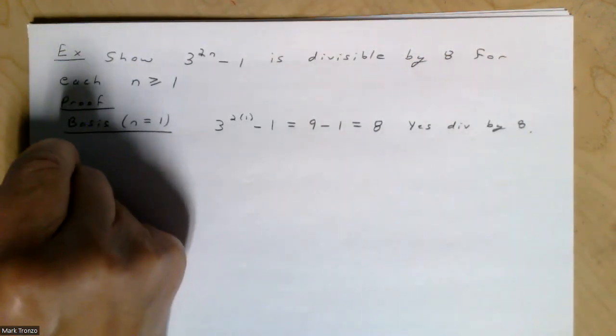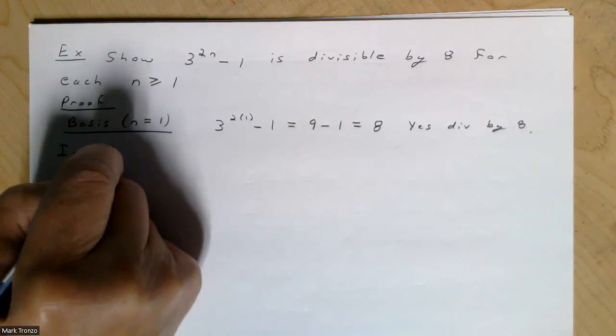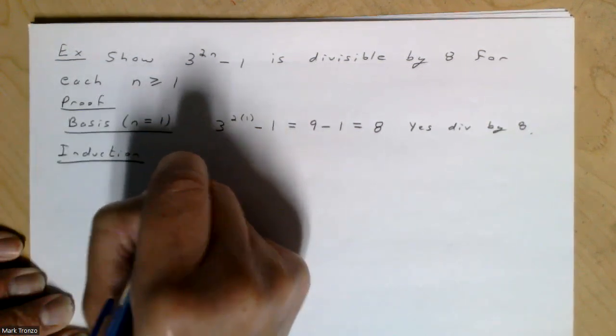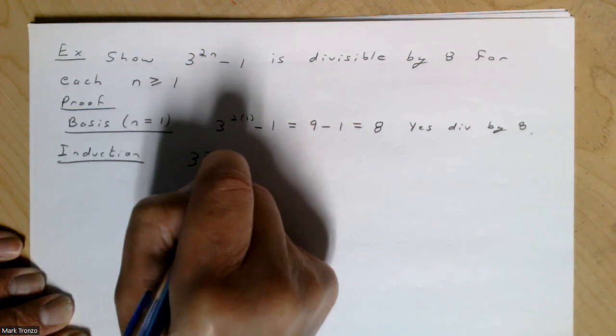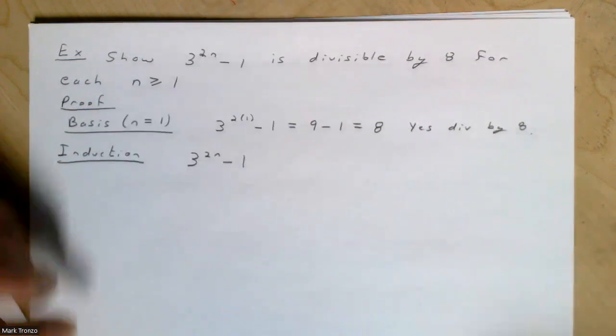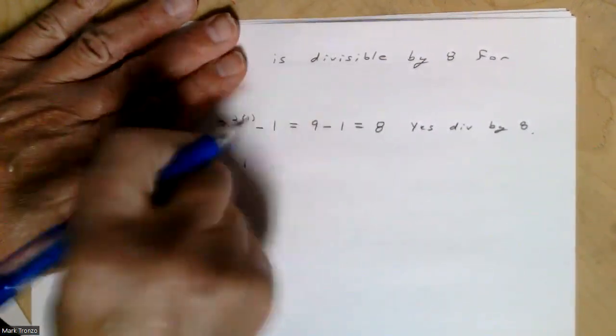And do the induction step. 3 to the 2n minus 1. Let me write that a little bit better.